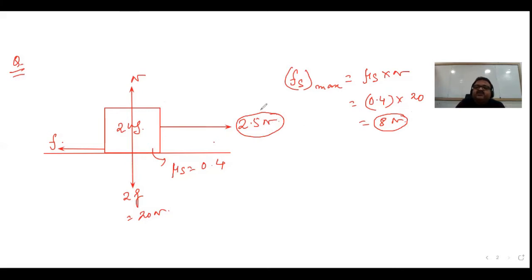So the force acting on the body is 2.5 Newton, and in order to keep the body at rest, the force required is only 2.5 Newton, not more than that. So in this case, the friction is 2.5 Newton, static friction, acting in this direction. So this is the first problem, and this is the technique of solving this. Let's do another problem.